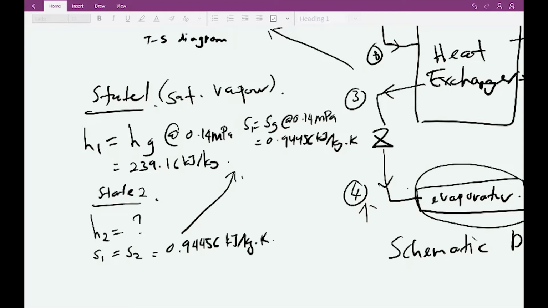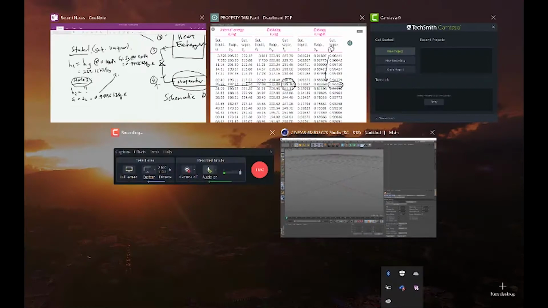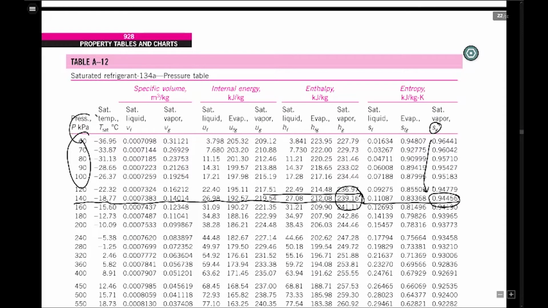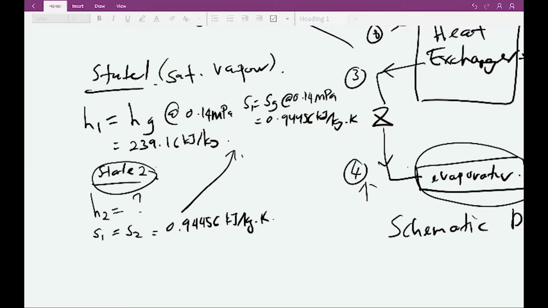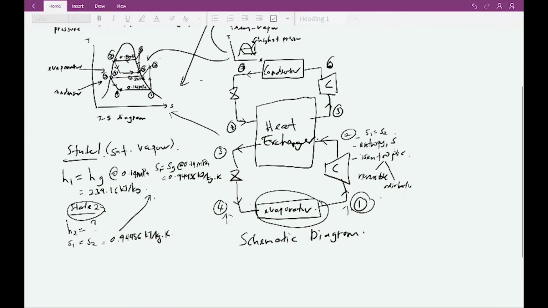After we get S2, to determine the state 2, we need another property, because based on the state postulate, we need at least 2 intensive properties. Intensive properties means the properties on your property tables: pressure, temperature, specific volume, internal energy, enthalpy, entropy. So we only get one property, which is S. Another one is the operating pressure at state 2.